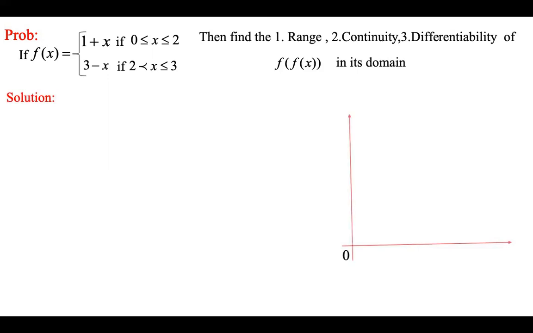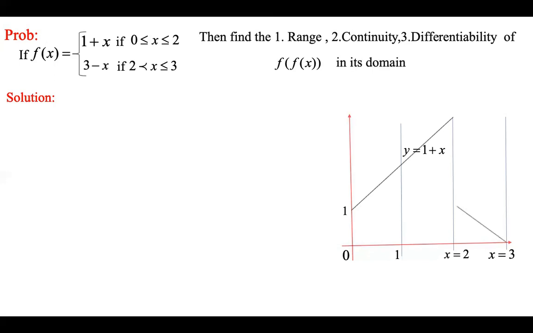First of all, let us try to understand the geometrical structure of f of x. So x is equal to 2, it is there like this. This is the y is equal to 1 plus x graph. When x is taken from 0 to 2, the f of x value is 1 plus x.